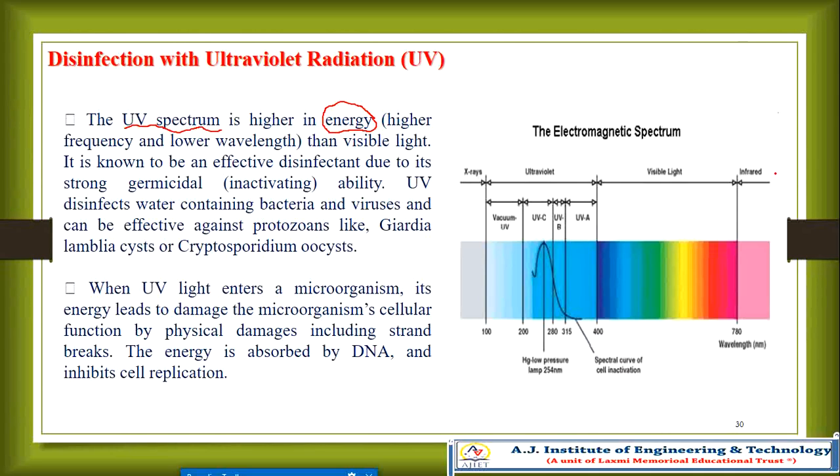If you take the electromagnetic spectrum, there are ultraviolet wavelengths, visible light, and infrared wavelengths, like X-rays, which you can see up to about 100 nanometers. Ultraviolet means vacuum UV, UVC, UVB, UVA, and a low pressure mercury lamp at 254 nanometers. So the wavelength will be in nanometers.